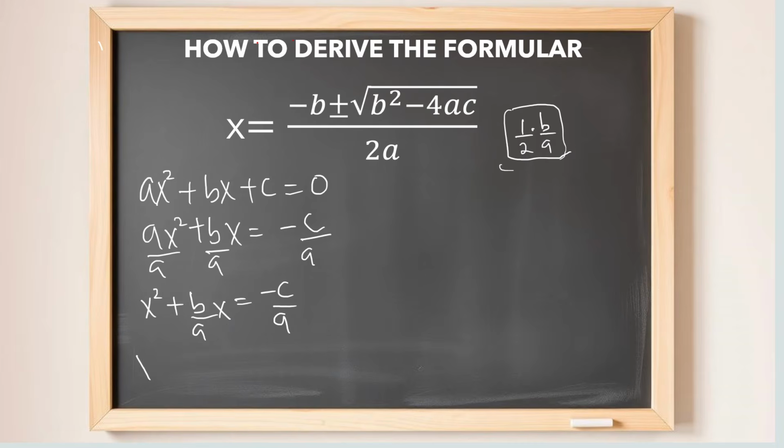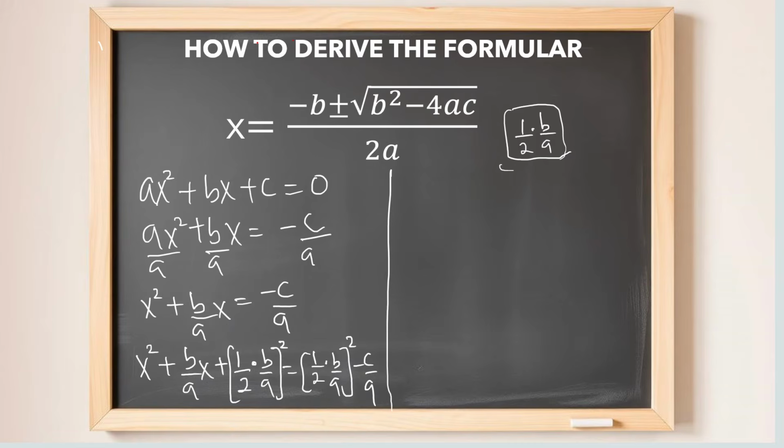So here I will be having x squared plus b over a x plus half of the coefficient, which is half times b over a, and this is going to be squared, equals half times b over a squared minus c over a.